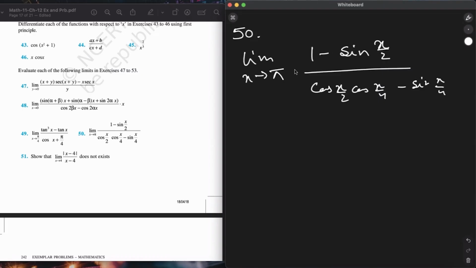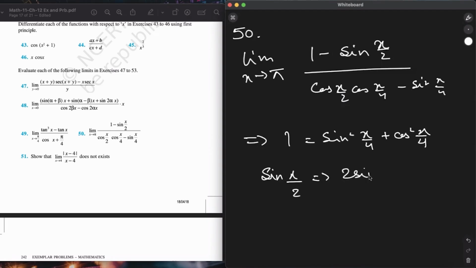Now what can we do with this? Sine x by 2, I can write this as 2 sine. Yeah. So let me tell you one thing. 1. Can I write this as sine square x by 4 plus cos square x by 4? I'll tell you why I put x by 4 over here. You'll get my point when I put in the values over here. And what can I do with this sine x by 2? x by 2 is here.